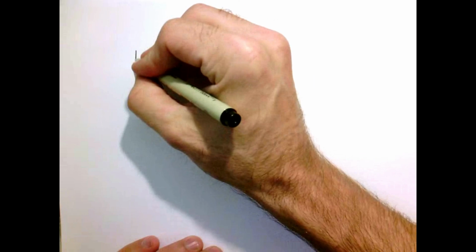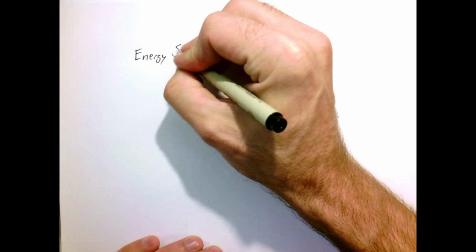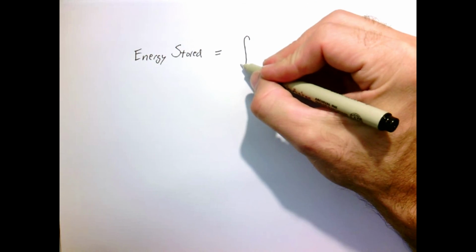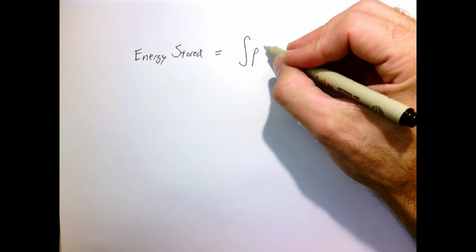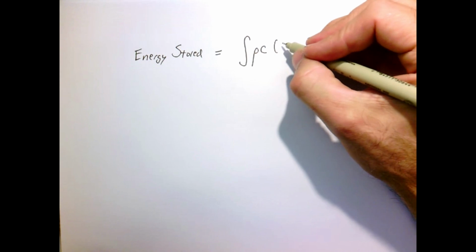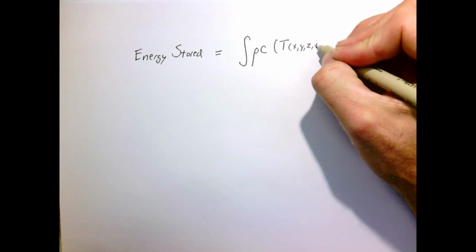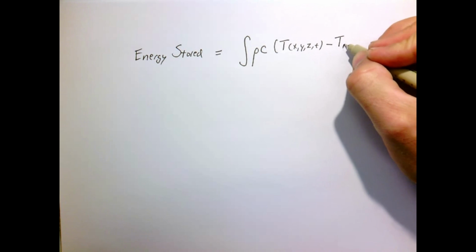All right, so now we're going to consider each of the terms in our equation one at a time. So let's start with the energy stored, or the thermal energy stored inside our potato. This is going to be exactly what we had before when we did this in 1 dimension. We're going to take an integral of the density times the heat capacity times the temperature, which is now a function of x, y, z and time, minus some reference.